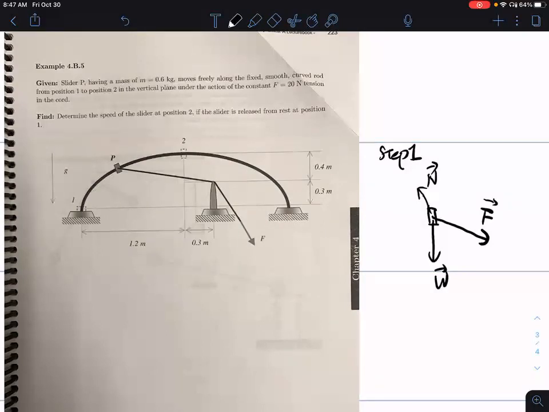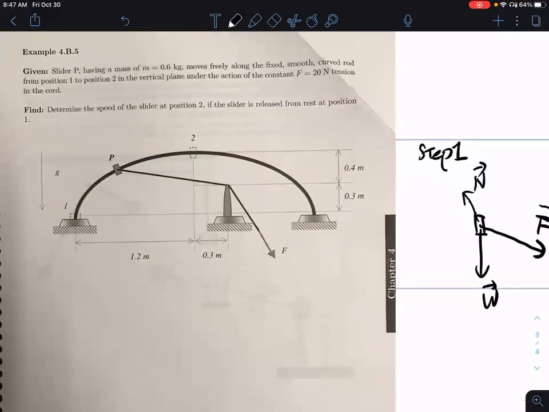That force F is going to be a troublemaker, right? Anything we know about that force: it's a constant force, so it has a constant direction. It's always pointing in that direction.